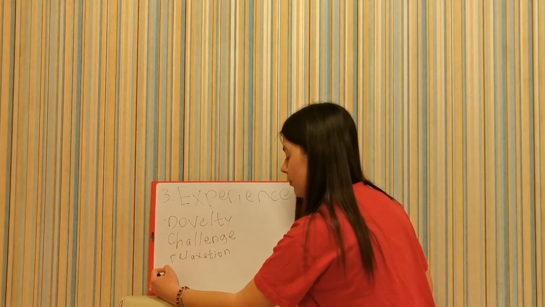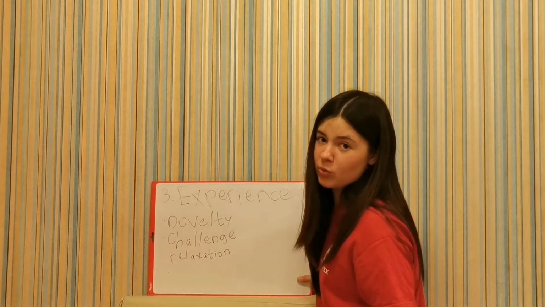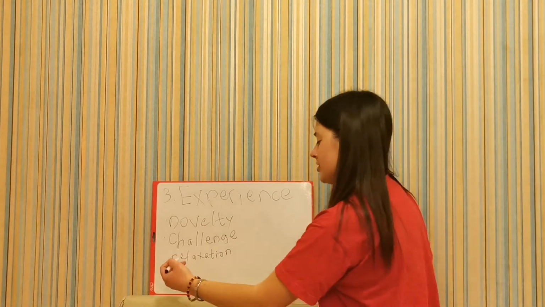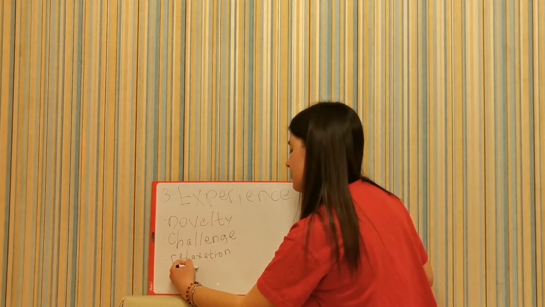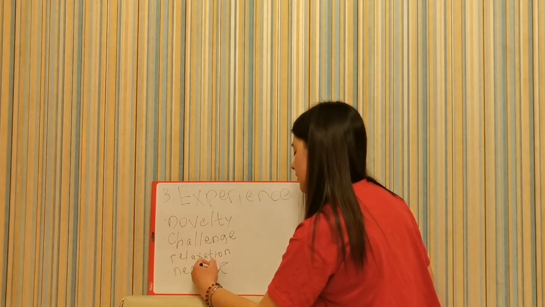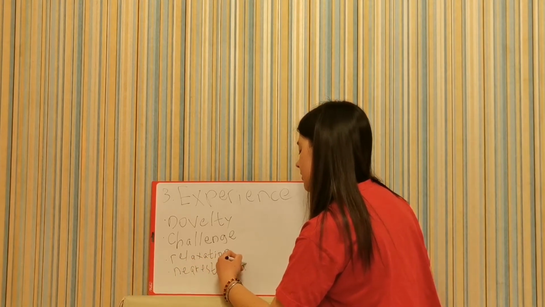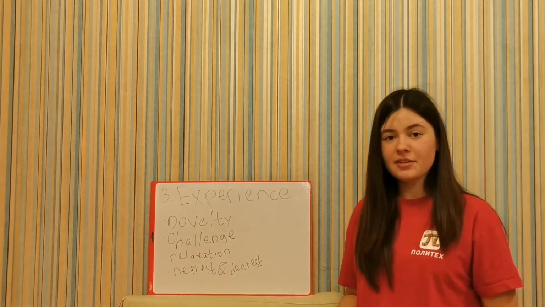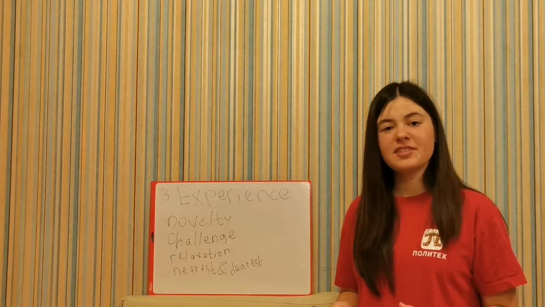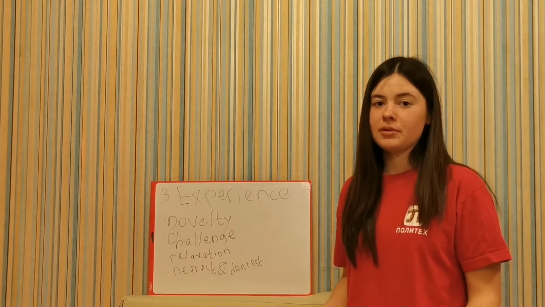And number 4 is being with people we care about, simply like being with our nearest and dearest. So these are the things that give us satisfaction as human beings.